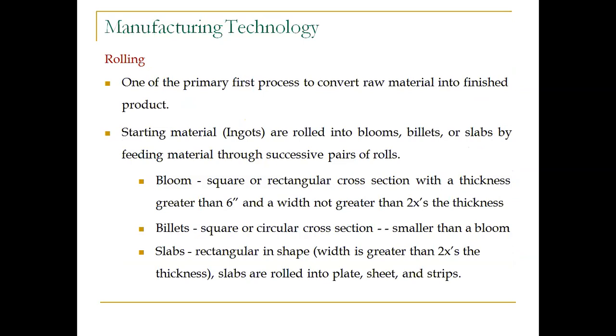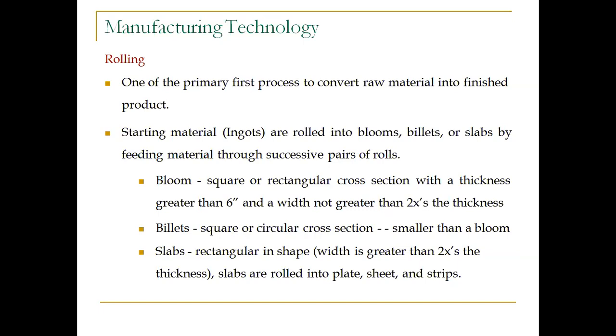And second, starting material is rolled into blooms, billets, or slabs by feeding material through successive pairs of rolls. So a bloom has a square or rectangular cross section with a thickness greater than 6 inches and width not greater than 2 times the thickness. Basically, it is called bloom.